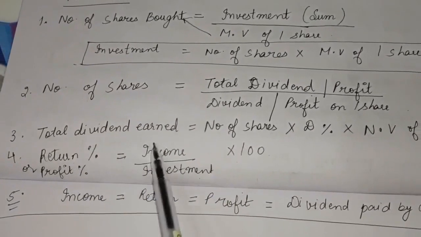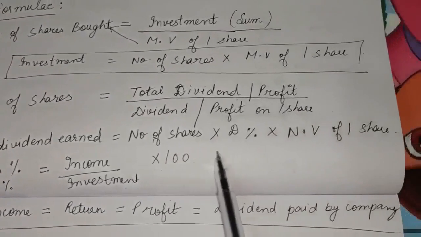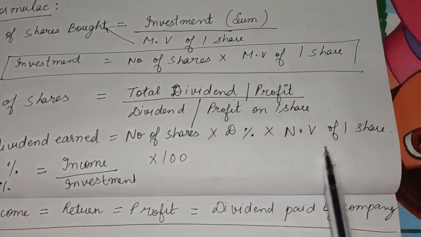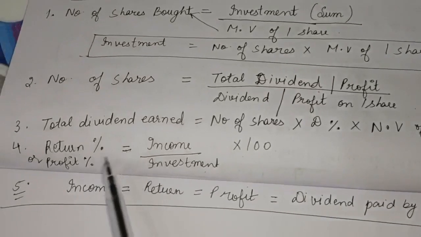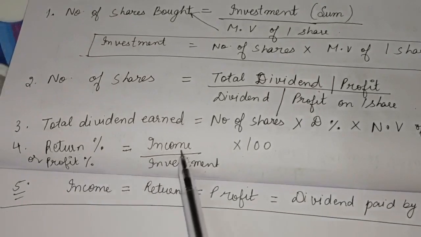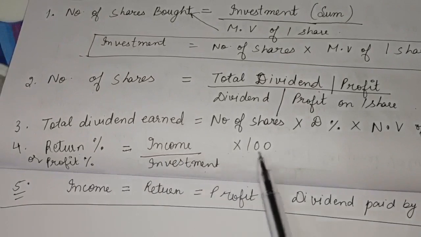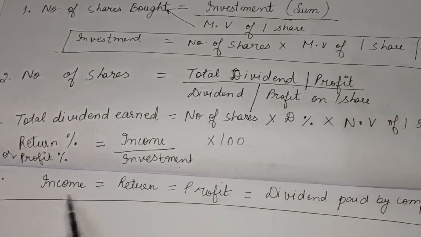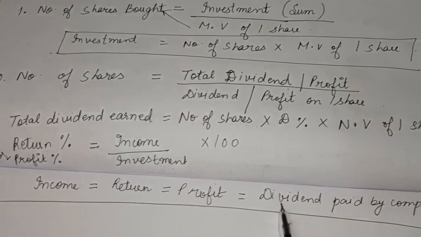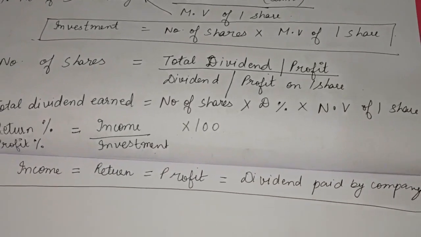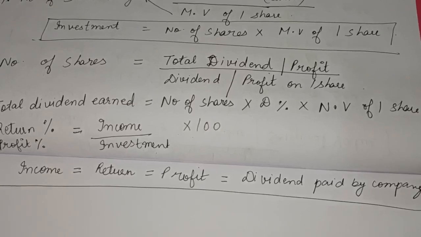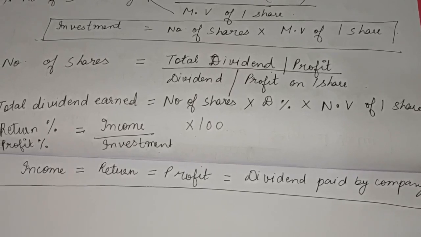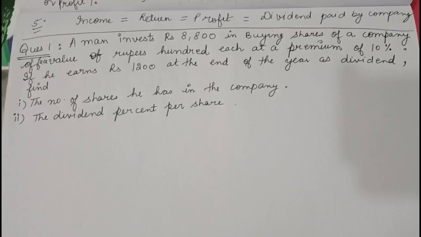Then total dividend earned is number of shares into dividend percentage into nominal value of one share. Then return percentage or profit percentage is income by investment into 100. And income, return, profit and dividend mean the same thing only. Now let's start with a few questions so that you can have more understanding of the concept.